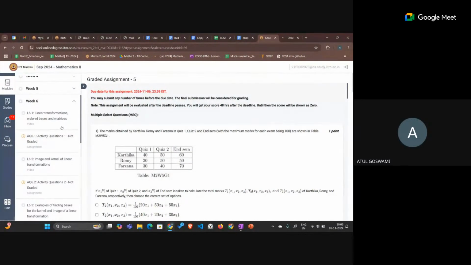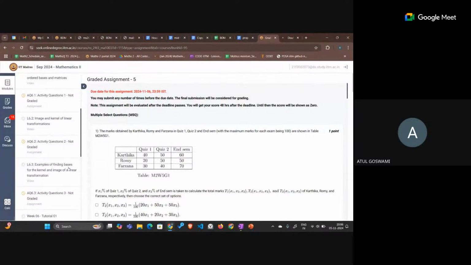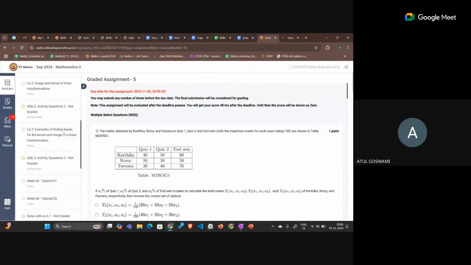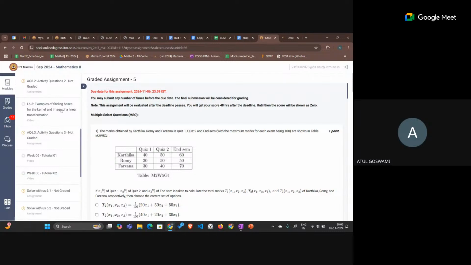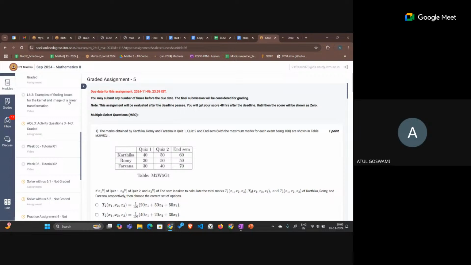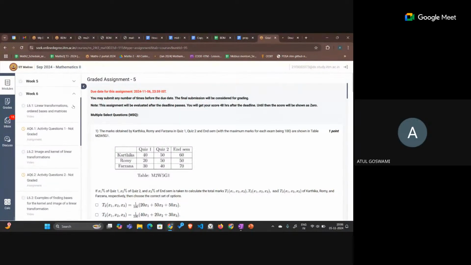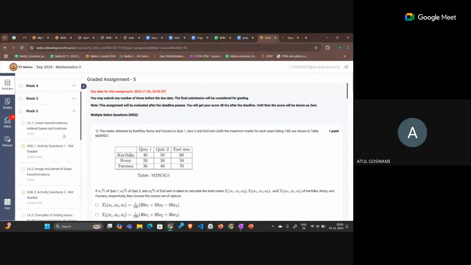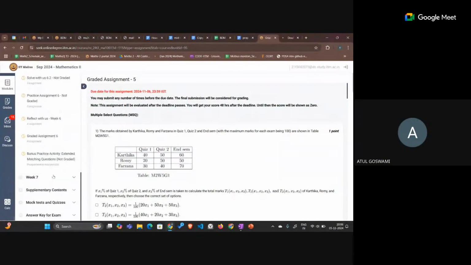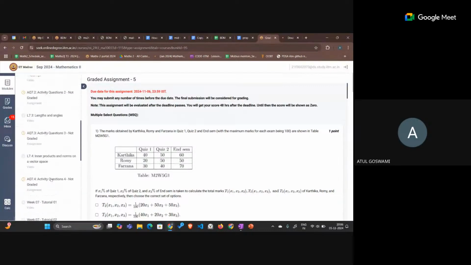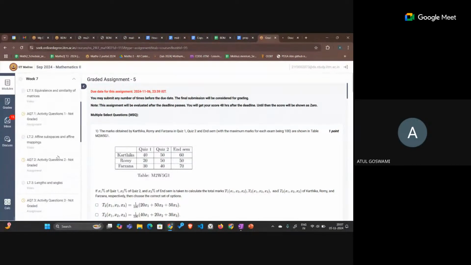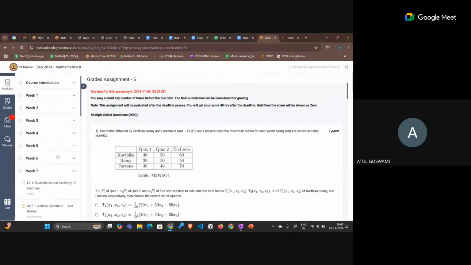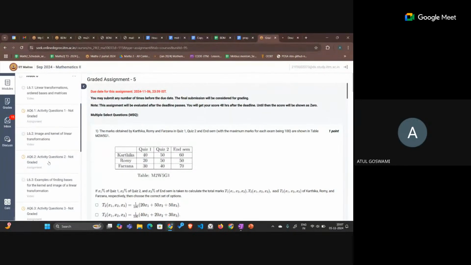And then what is the image space and the corresponding kernel space, and also finding the basis of kernel and image. So this is all in week 6. Week 7 is different. In week 6, the linear transformation will be finished.